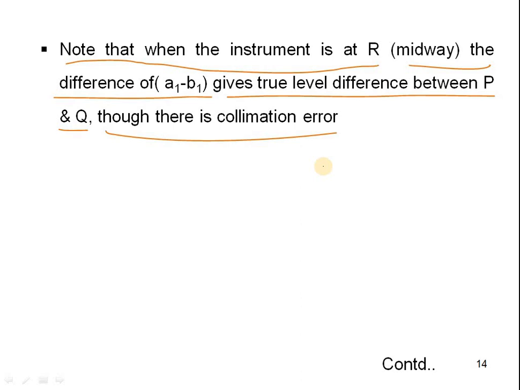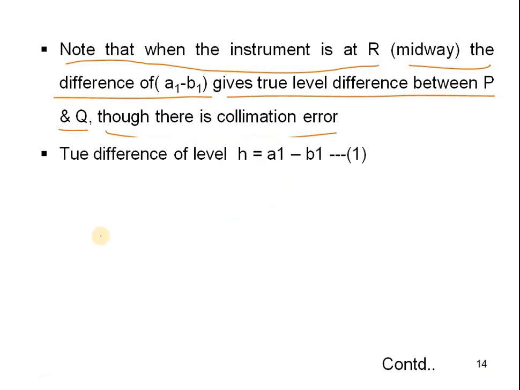Because when the instrument faces the staff, the lines passing through the telescope to the staff produce a collimation error when the line is inclined upwards. So the true difference of level H is equal to A1 minus B1.